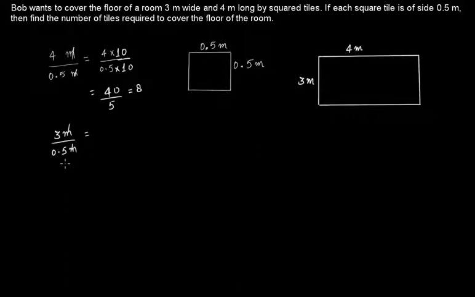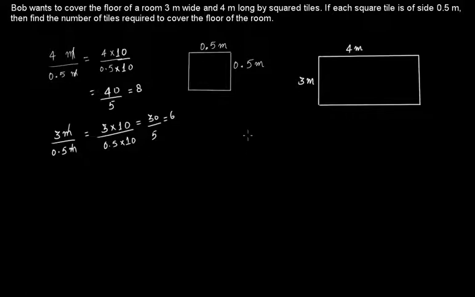Multiplying the numerator and denominator by 10, I'll get 30 divided by 5, and you will get 6. This 6 tells that you'll have 1 tile, 2 tile, 3 tile, 4 tile, 5 tile and 6 tiles to cover the width of this rectangular floor.